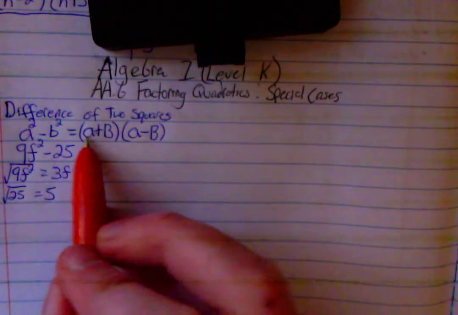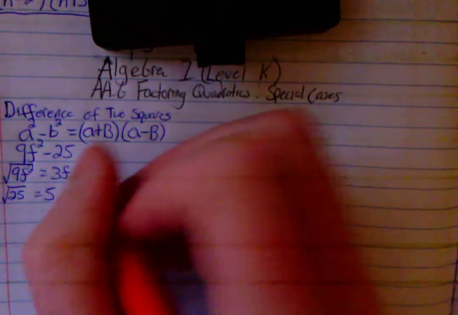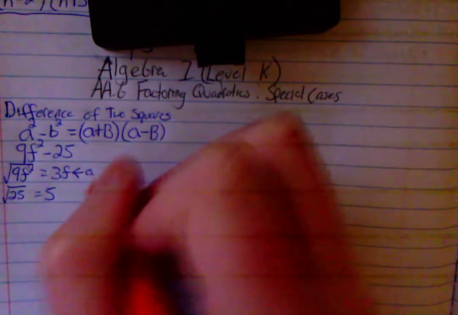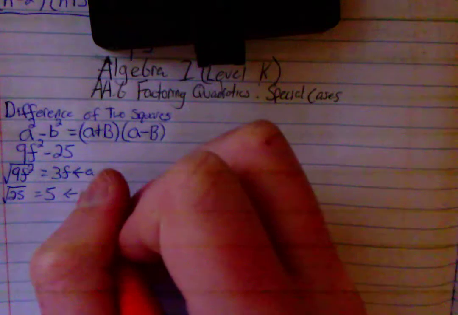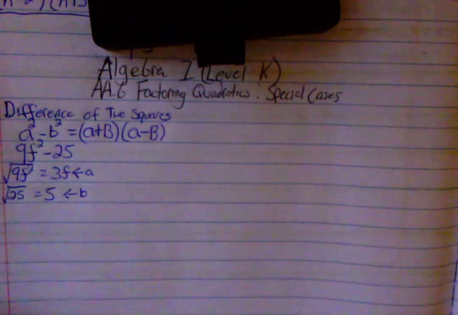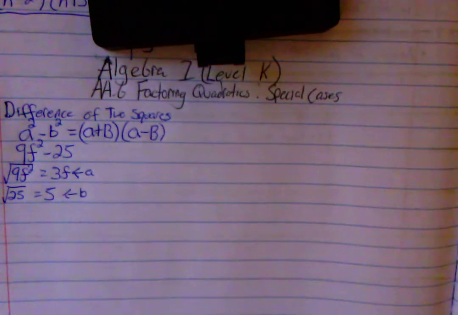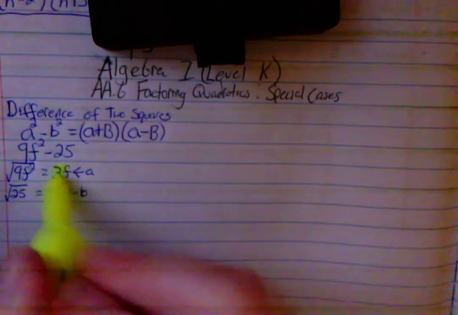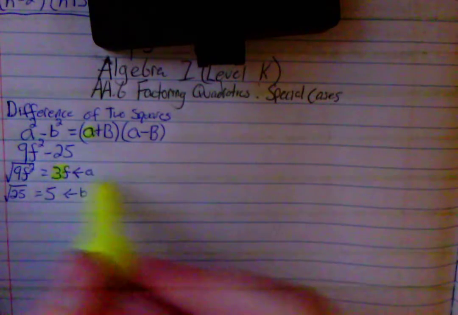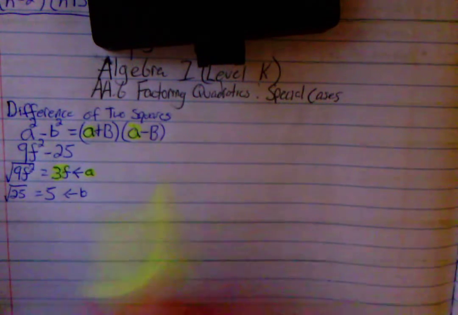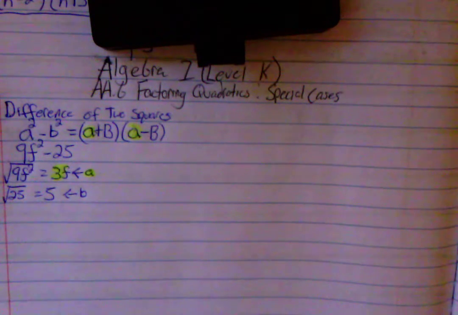So our answer is a plus b, a minus b. Well, this is our a, this is our b. If we like highlighting, we'll do that for you. So here's our a, and then here is our b.